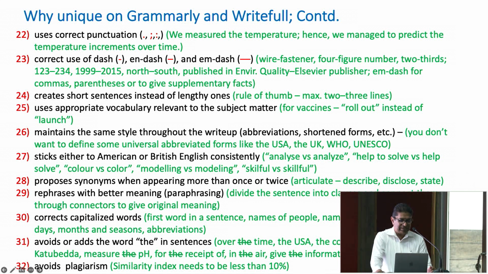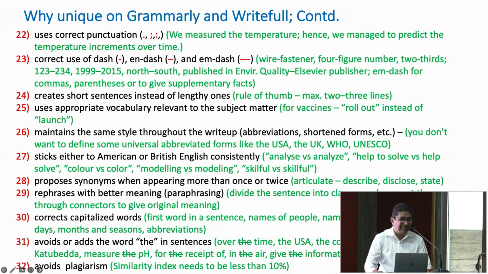26 says, maintain the same style throughout the write-ups. Abbreviations, shortened forms, etc. are very, very important. But remember, you don't want to define some universal abbreviated forms like USA. There is no word called USA. Always the USA. You go and check. Never say I'm in USA.